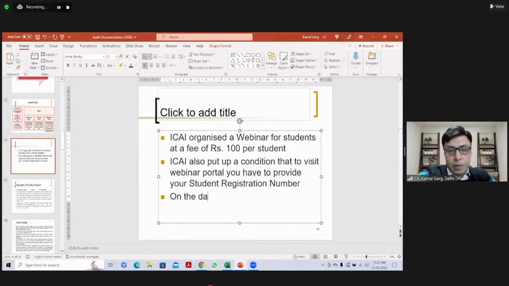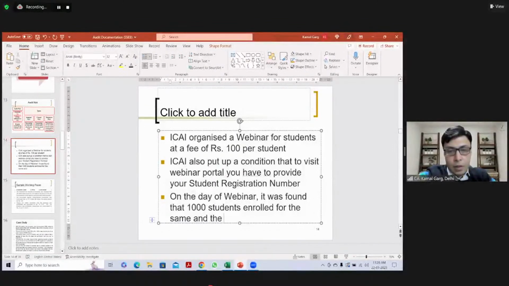On the day of webinar, it was found that 1,000 students enrolled for the same, and the total fee collected is rupees 100 into 1,000 equal to rupees 1 lakh.